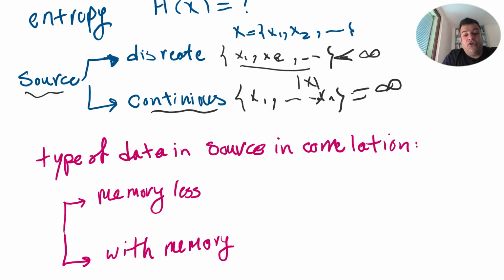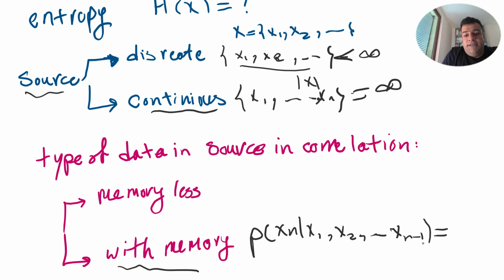If they have a correlation together, this type of source is with memory. If you're going to write it mathematically, P(xn | x1, x2, ..., xn-1) is not exactly P(xn). What's the meaning of that in concept?